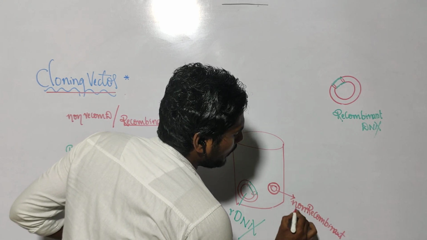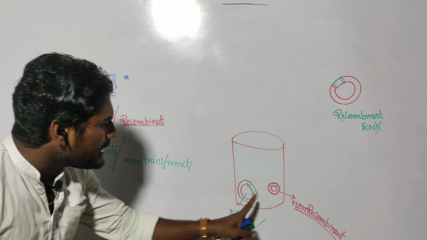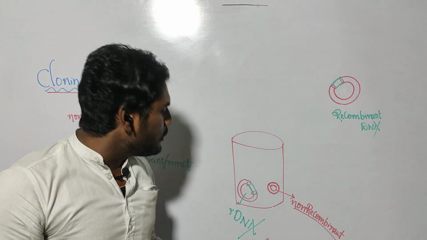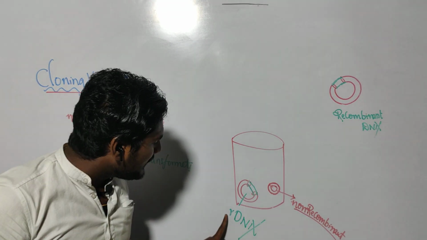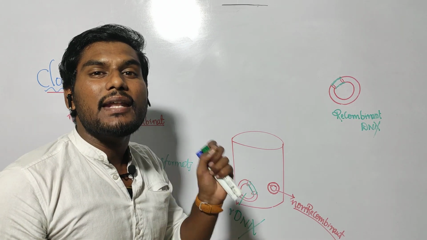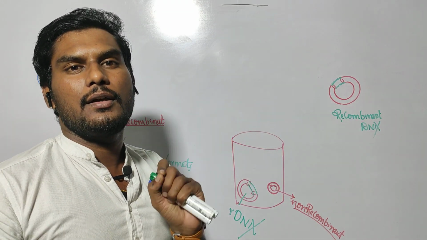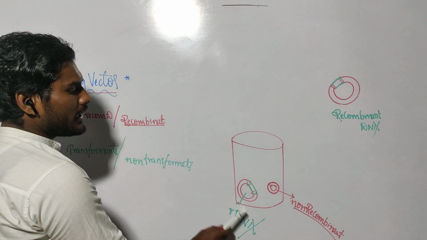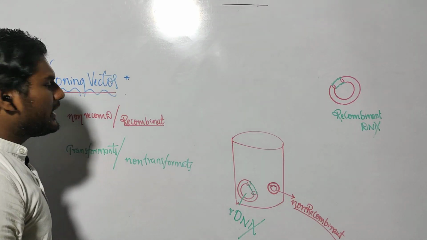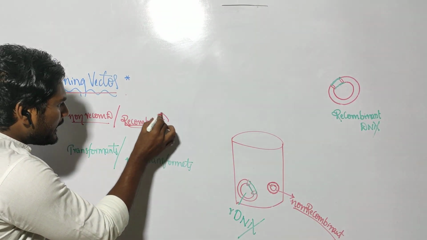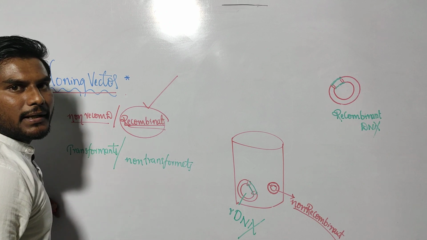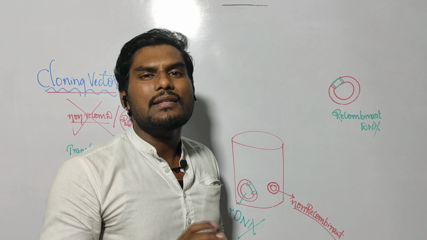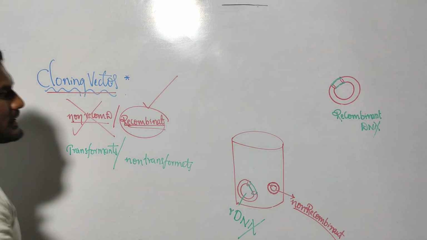Non-recombinant means which doesn't contain the gene of interest, which contains only plasmid DNA. Recombinant DNA means which contains the gene of interest. Is the confusion clear? In recombinant DNA the gene of interest is present, and in non-recombinant DNA the gene of interest is absent. Now, next step. What is the next step?